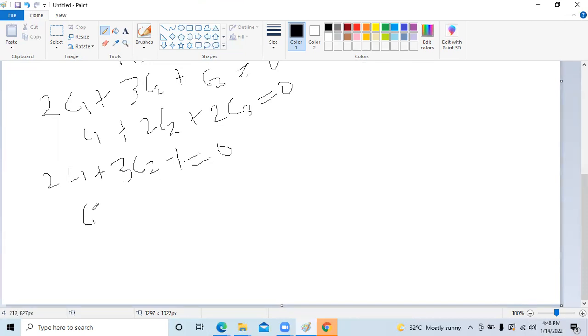And then we have C1 plus 2C2 minus 2 equals to 0. Another way to eliminate C1 is to multiply the second equation by 2.